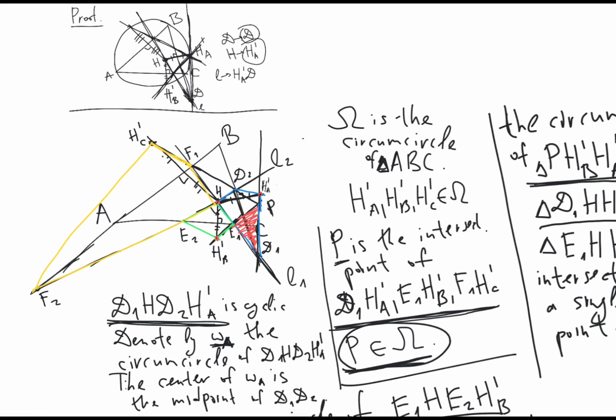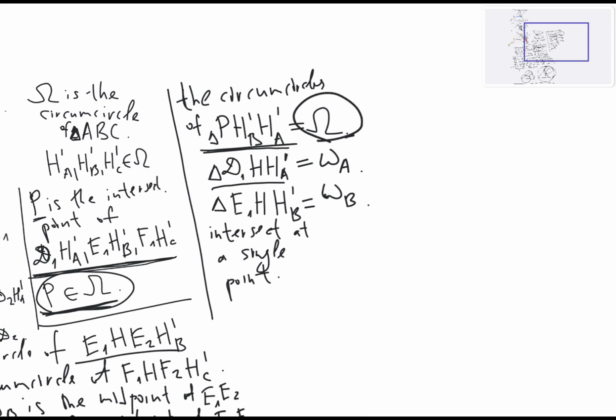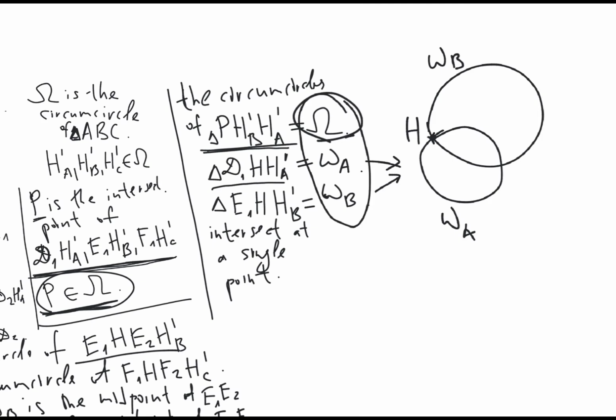So the second point of intersection of omega A and omega B, these two circles. Let's draw them separately. So this is, let's say, omega A, and this is omega B. They already have one point in common, which is H. We proved that these three circles have a common point, therefore this common point is the second point of intersection of these two circles.